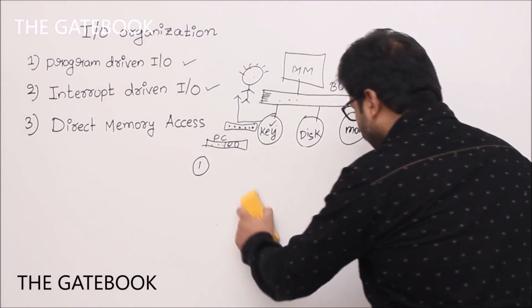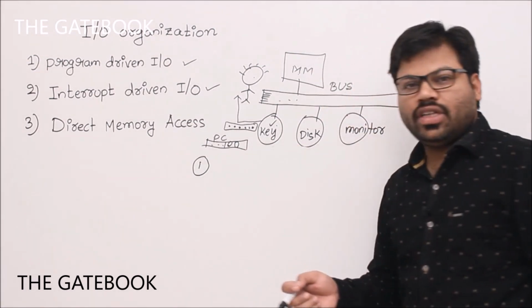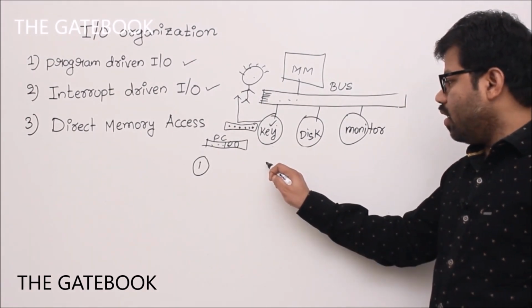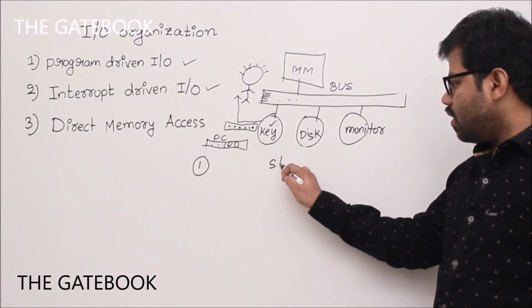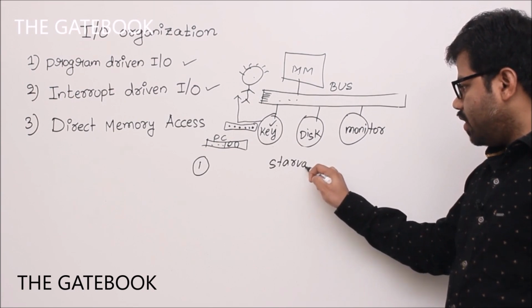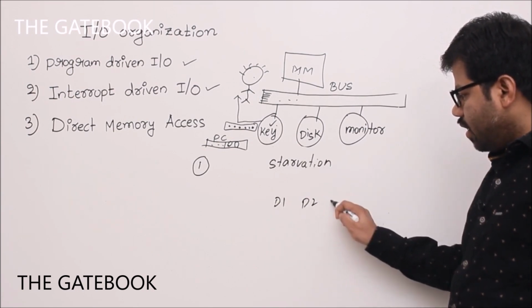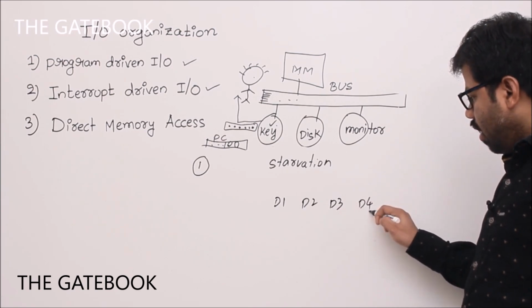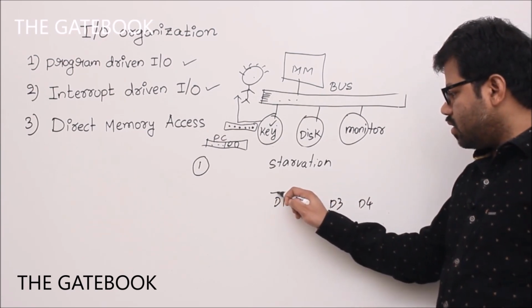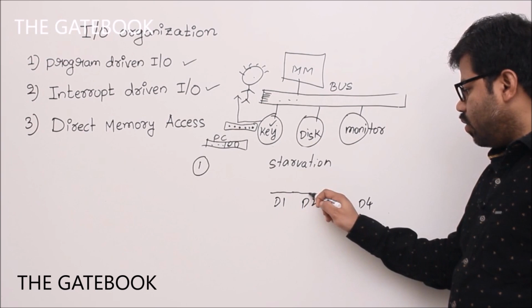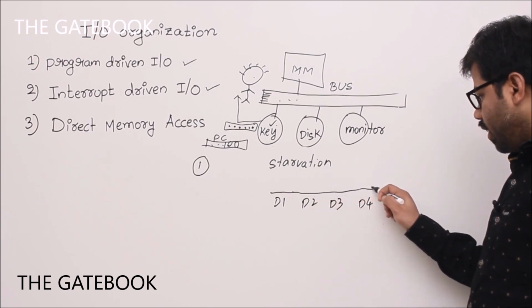Of course there are a lot of other alternatives. And one more thing, in polling there is starvation, right? What is that starvation? Let's say these devices are connected like this, D1, D2, D3, D4, and the polling approach is always like this, D1, then D2, then D3, D4. In that way it is polling.